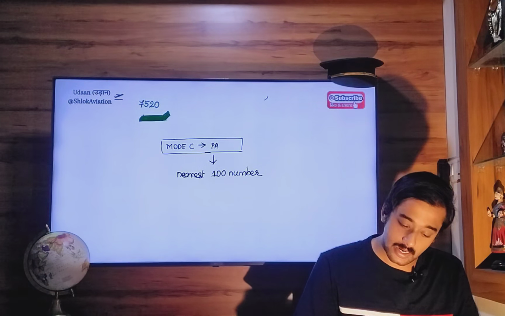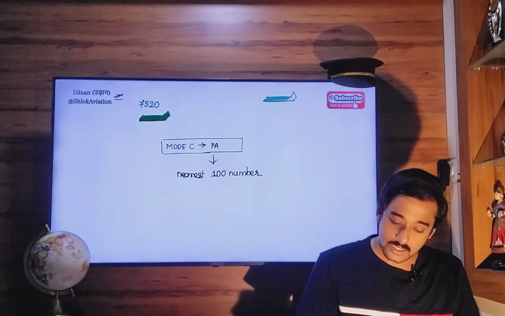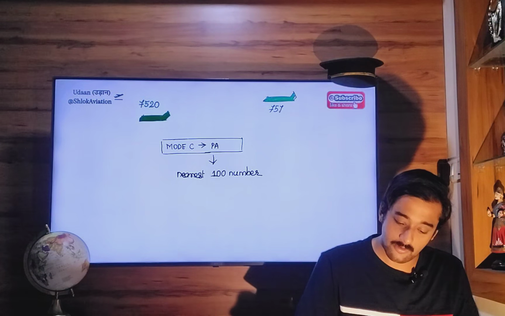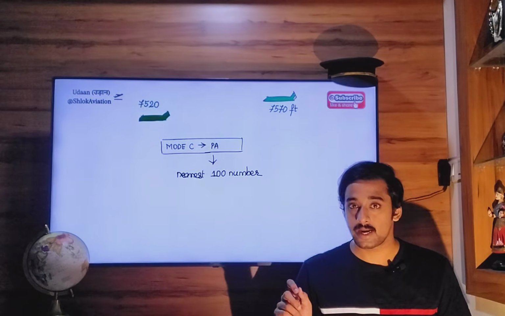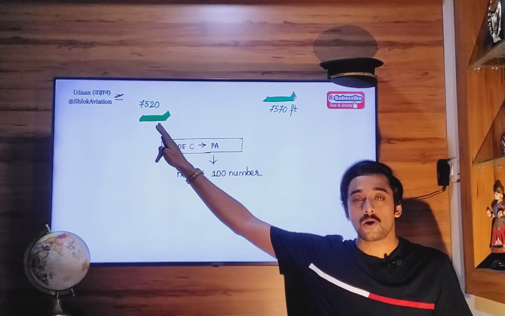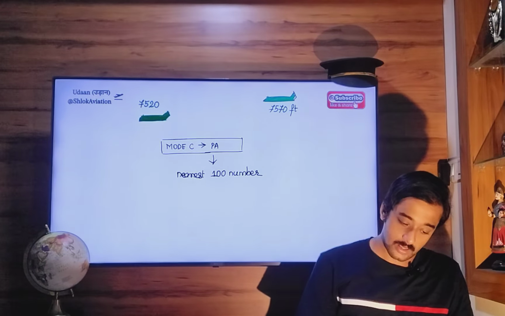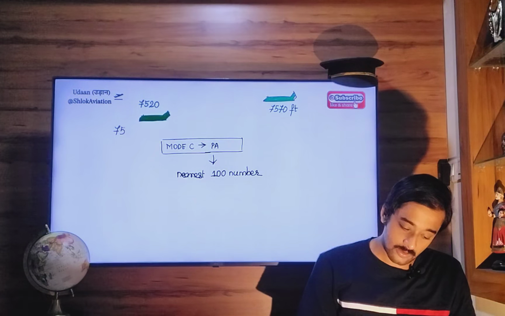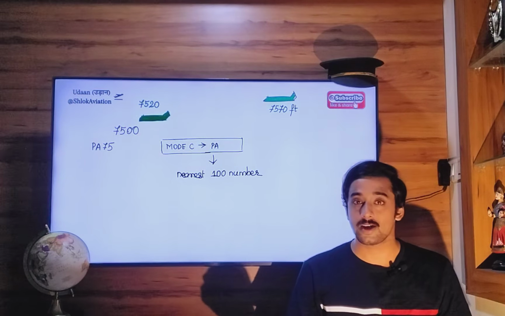There is another aircraft which is flying at 7,570 feet. So now the transponder equipped with mode C capability will transmit the altitude of this aircraft to ATC in the form of 7,500. So the pressure altitude reported will be pressure altitude 75.